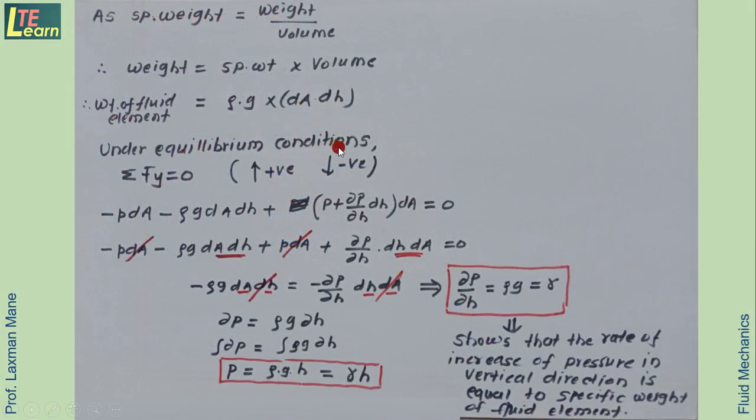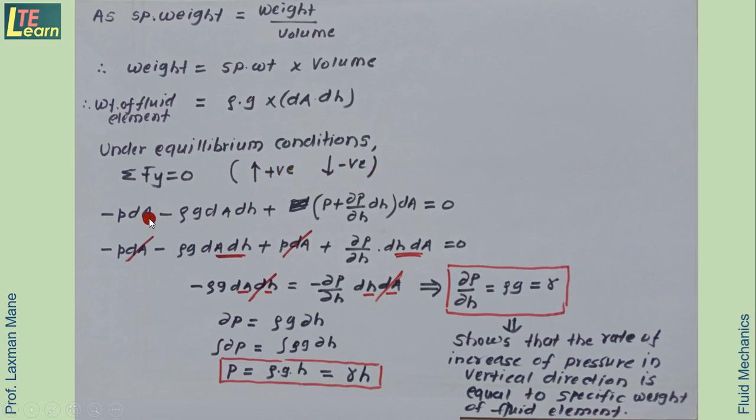Now under equilibrium conditions, all the forces in the vertical direction, sigma Fy, are equal to 0. As for sign conventions, forces directed upward are taken as positive, and forces acting downward are taken as negative.